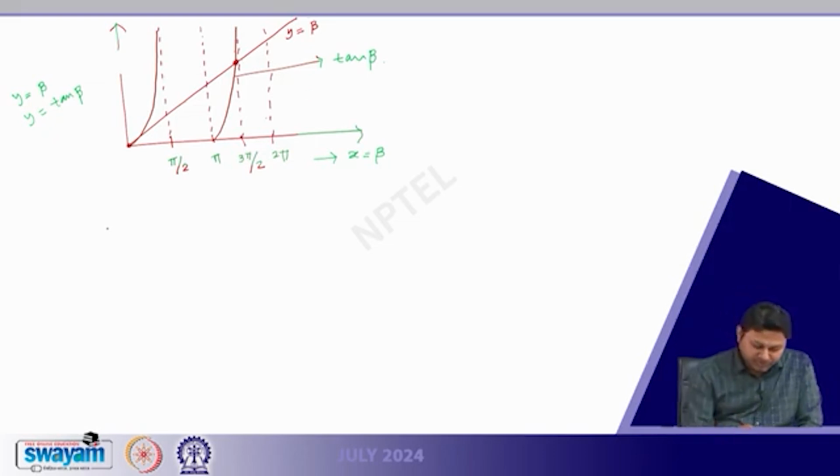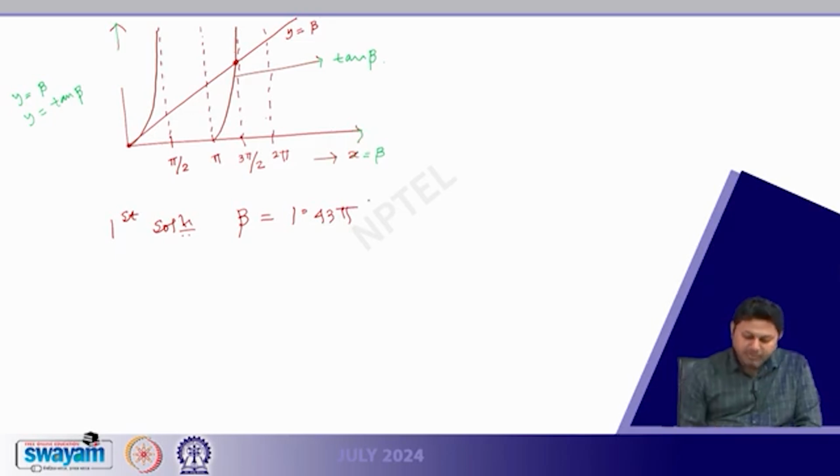So the first solution of beta is roughly around 1.43 pi. This is the point you get if you do this calculation using a computer; that should be the first solution.